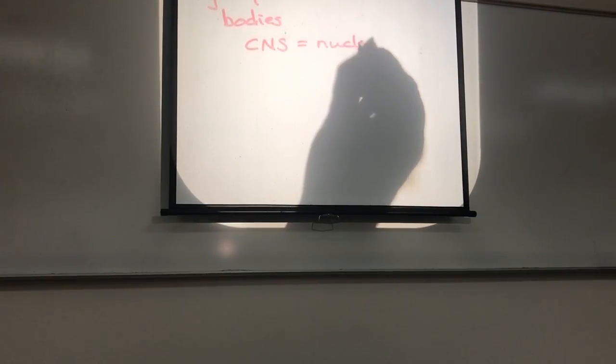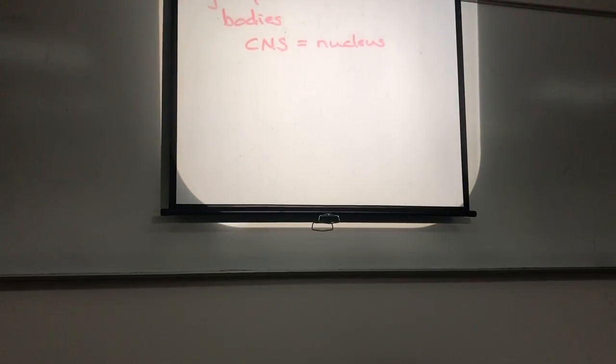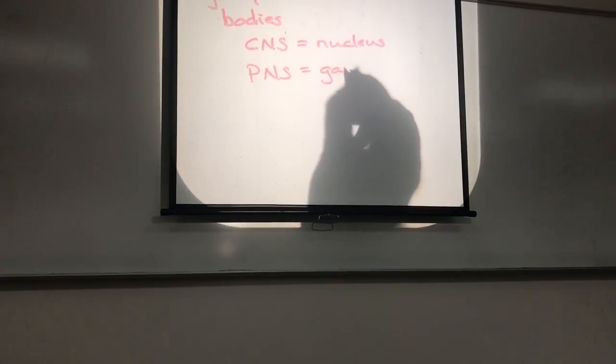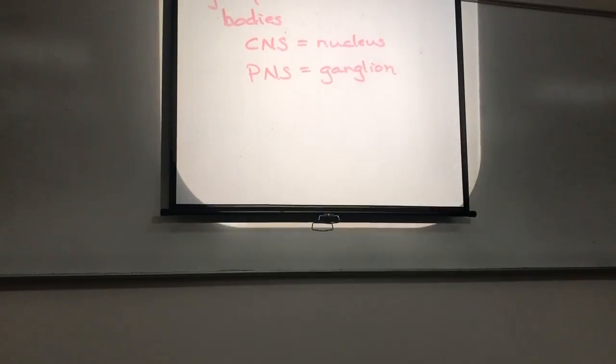So a group or cluster of neuron cell bodies has a couple of different names. In the central nervous system, like the brain and the spinal cord, that's going to be called a nucleus. It's gray matter that's all kind of clustered together. But in the peripheral nervous system, that's called a ganglion. A group or cluster of neuron cell bodies outside of the brain or spinal cord is called a ganglion.